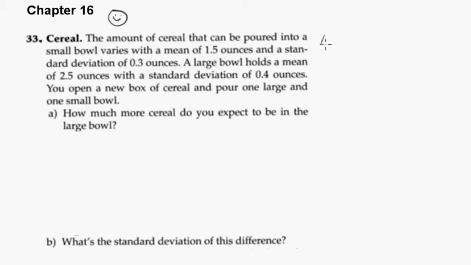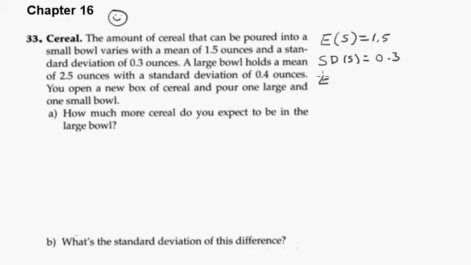So the expected value of the small bowl, I'm going to use S as my random variable, is 1.5 ounces, and the standard deviation of the amount that's in the small bowl is 0.3 ounces.